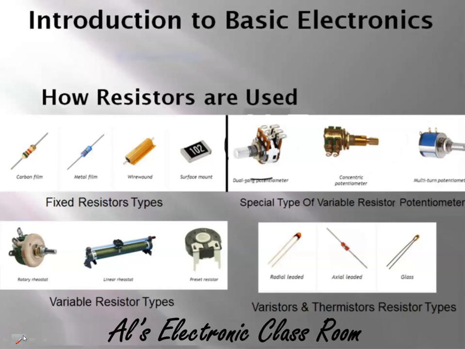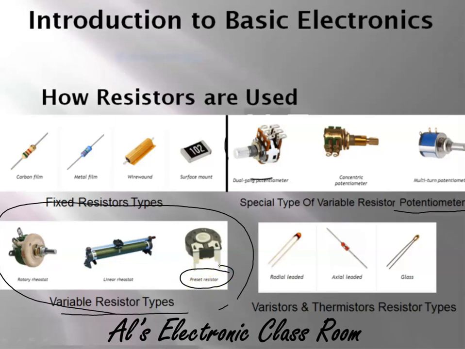Okay, let's look at another style of variable resistor called the rheostat. In a few slides up, you'll see the difference between the potentiometer and the rheostat. Just looking at how they physically work, this rheostat is on a slide, and you slide it back and forth, and that changes the resistance.